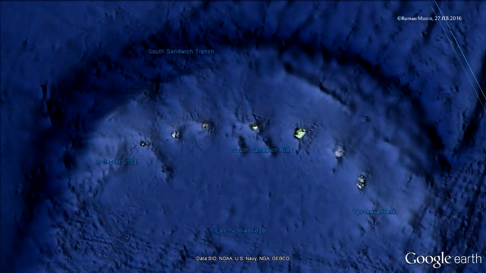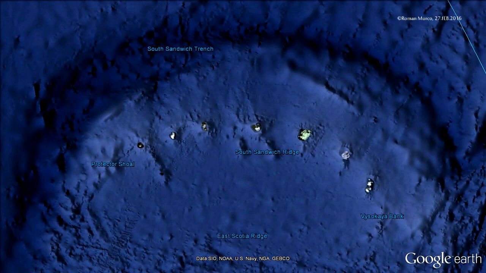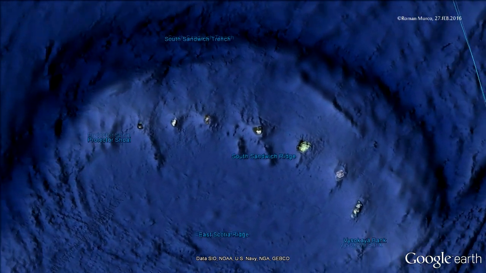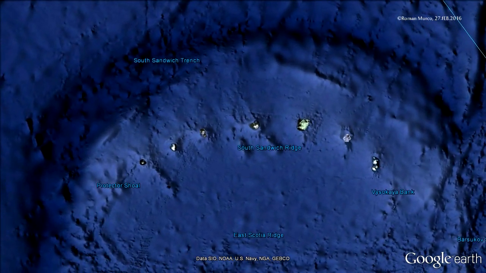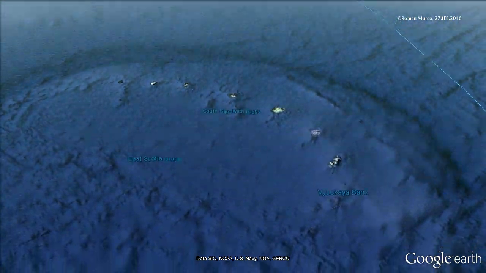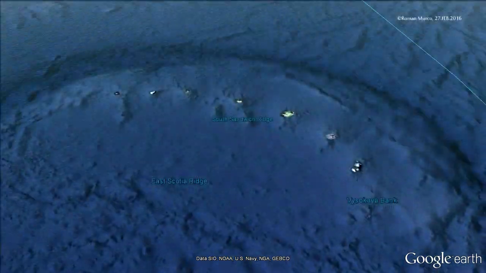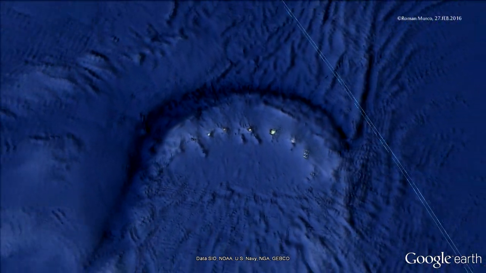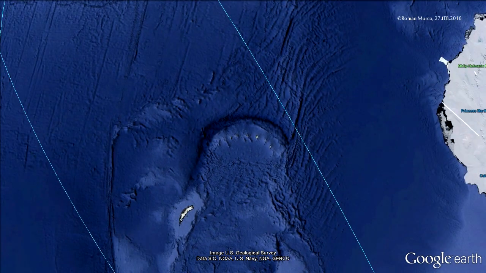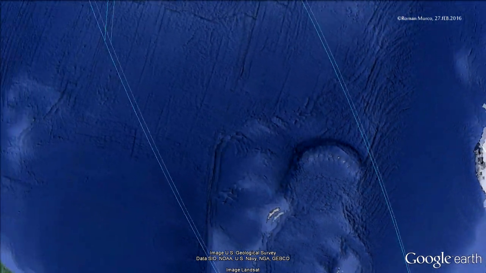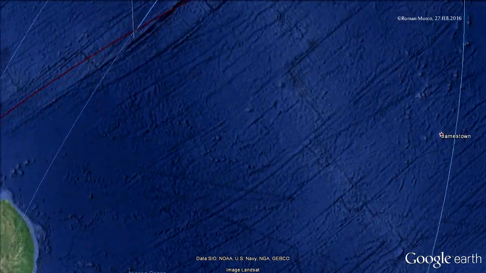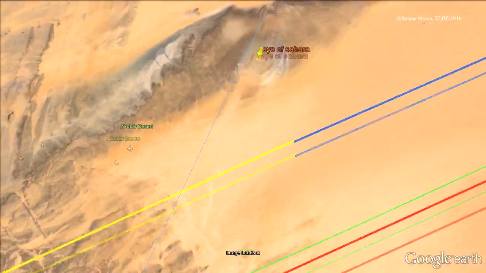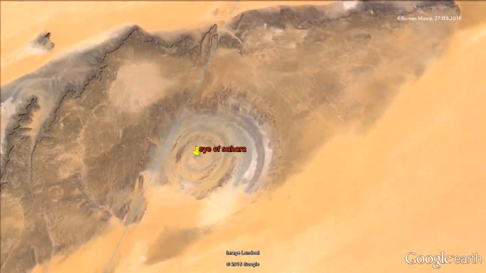I will talk about it later. This Sun, Earth and Moon connection. So maybe it's time for us to do the same. Check this. Also, these lines are interesting. The terrain around them is always copying the line.